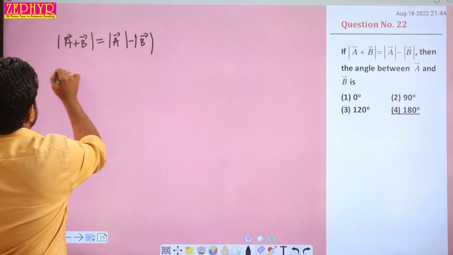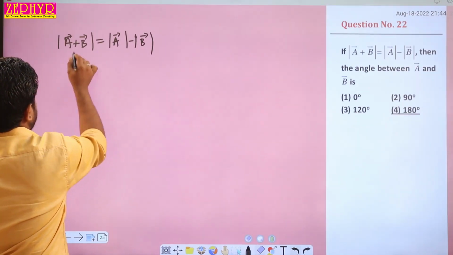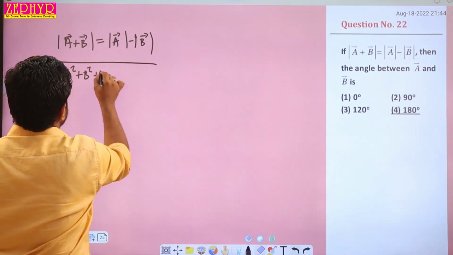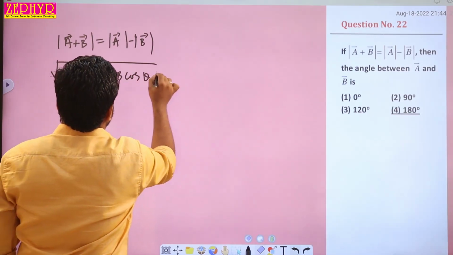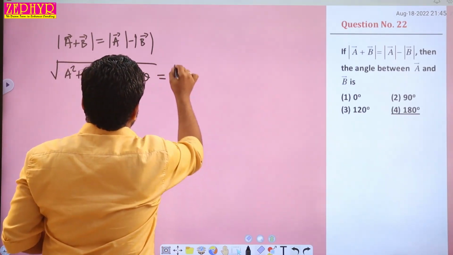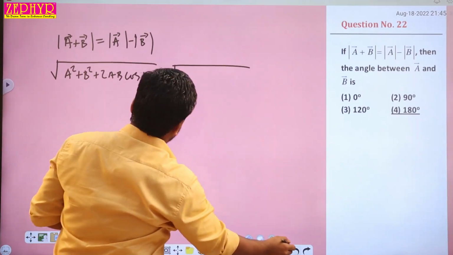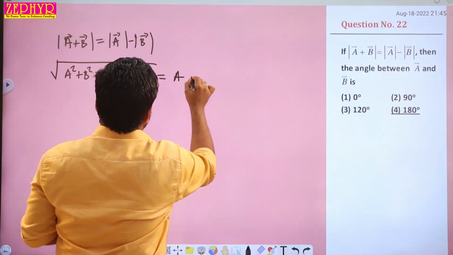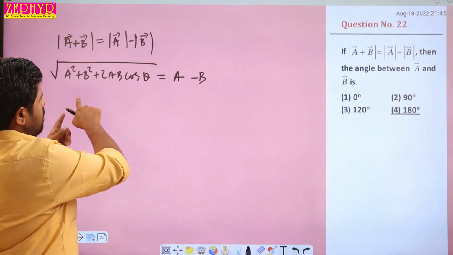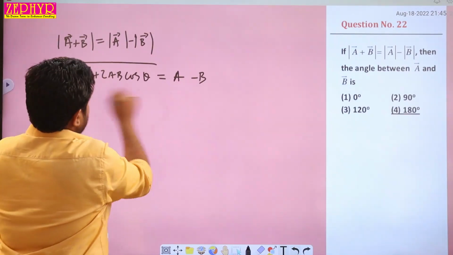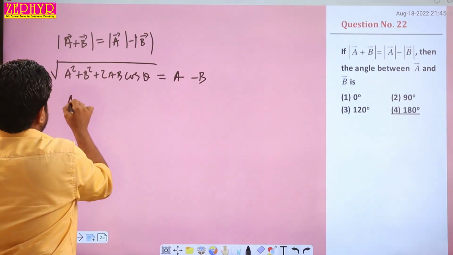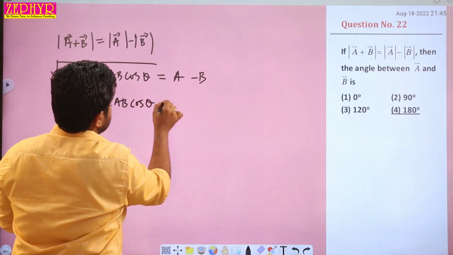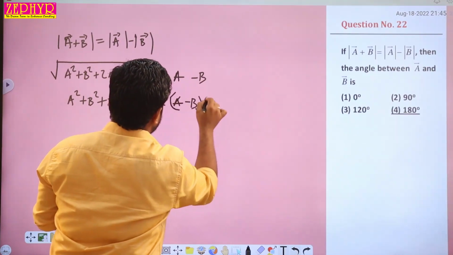So here we use the expression, we know the magnitude of A vector plus B vector is equal to root of A square plus B square plus 2AB cos theta, and it is equal to magnitude of A minus magnitude of B, means it is equal to A minus B. Okay. So take the square on both sides, then A square plus B square plus 2AB cos theta is equal to A minus B all square.